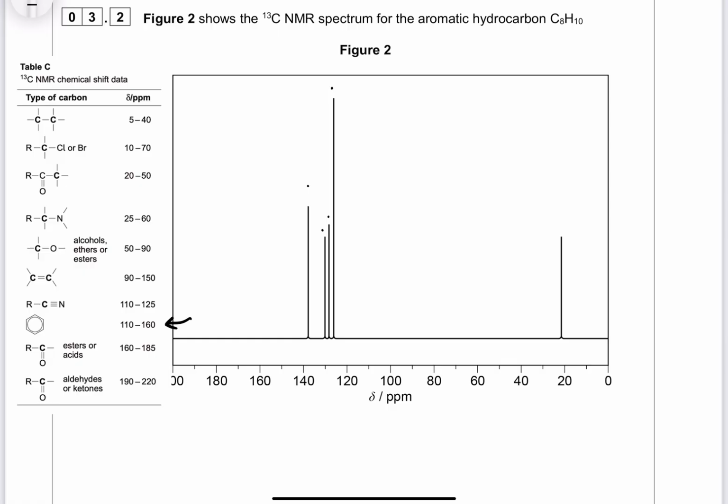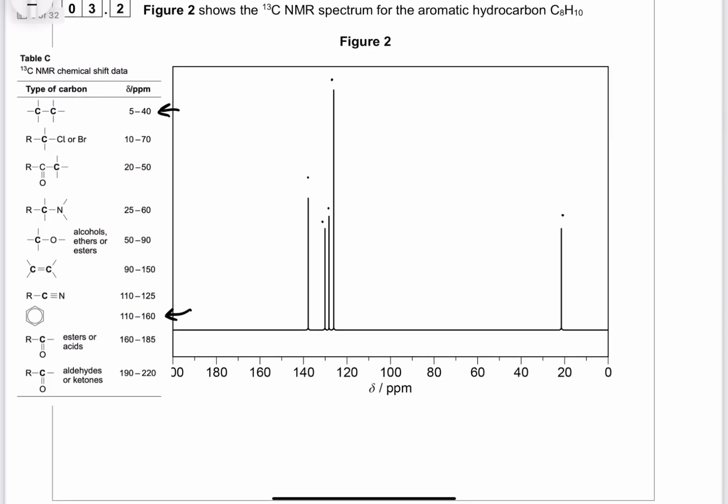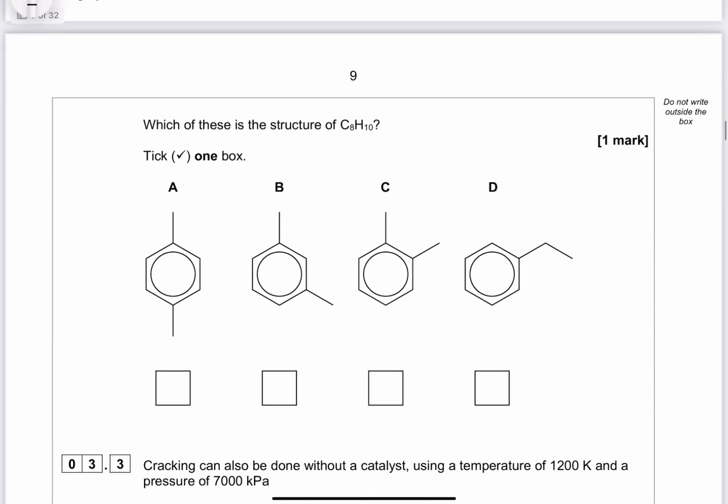So we've got 4 benzene carbons and 1 other type of carbon. So 5 peaks altogether, so only 5 types of carbon, 4 benzene types, and then 1 CC type. And the question says, which of these is the structure?